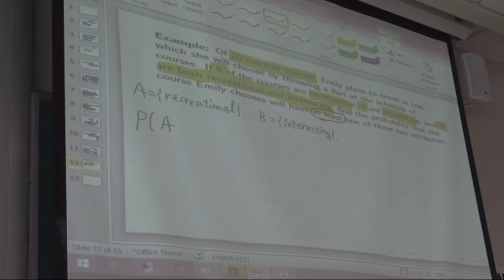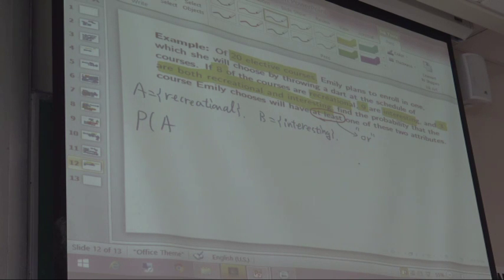What does that mean? Is that A and B, or A or B? What do you want to find here? One or the other. So what is the symbol? Is that the probability of A, or A and B, or A or B? Or. This means or.